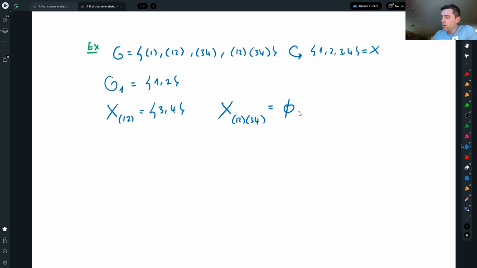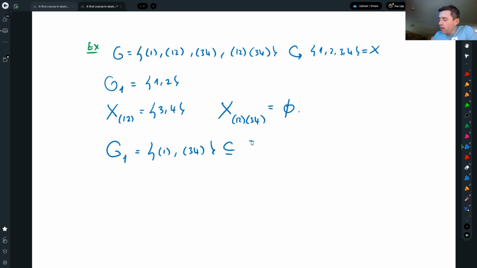How about, let's find the stabilizer of 1. Here, the stabilizer of 1 will be those elements in my group that fix 1. 1 is fixed by the identity, not fixed, fixed, not fixed. So this is the identity and (3 4) in this case.